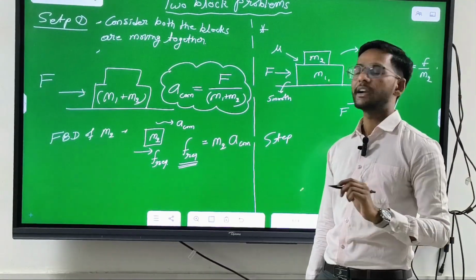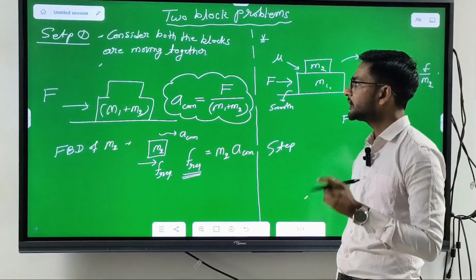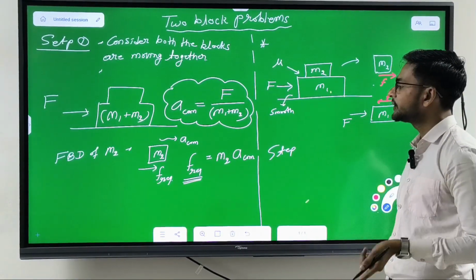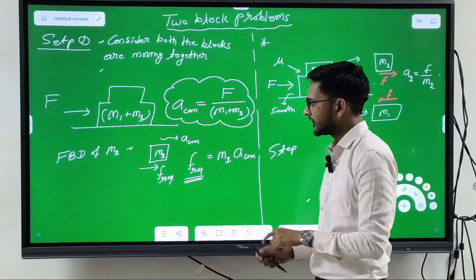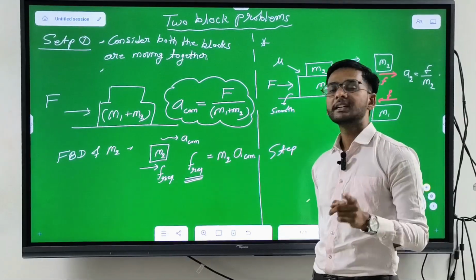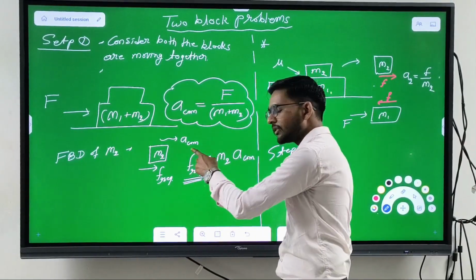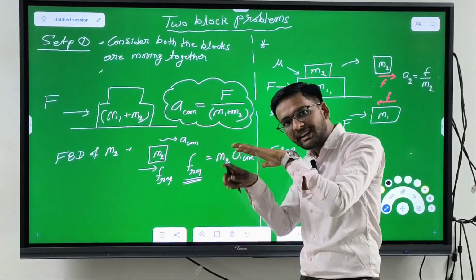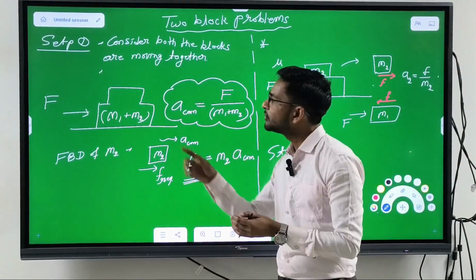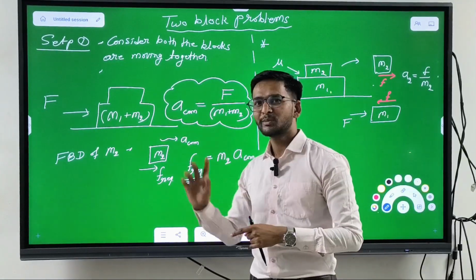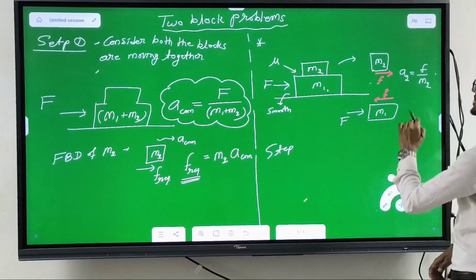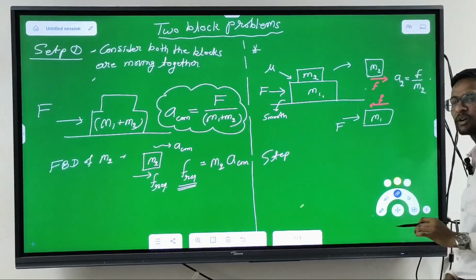If the required friction, which is required to move both the blocks, is less than the limiting friction, the friction is sufficient and both the blocks will move together. I hope you have noted it.